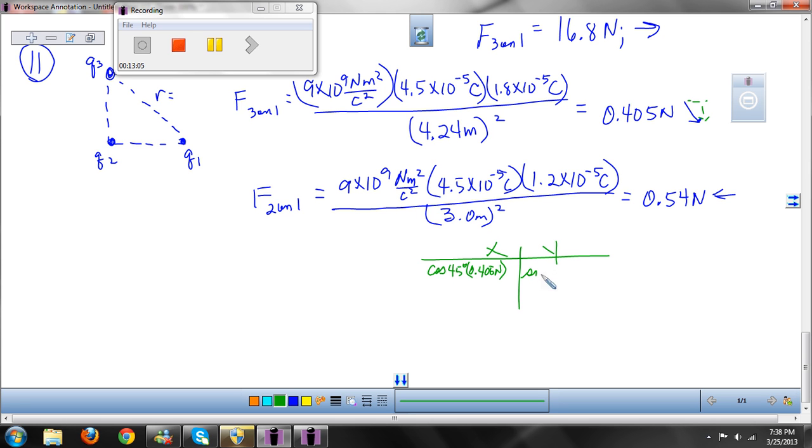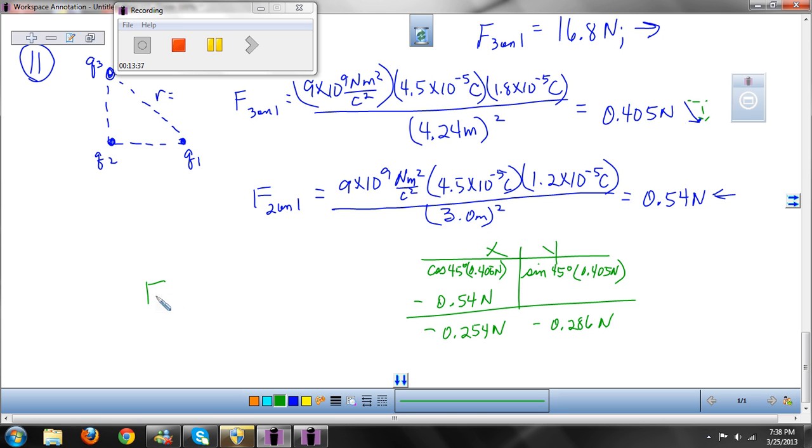And then I said the sine of 45 degrees times 0.405. And then this one was negative x, so I said 0.54, and I made it negative because it was to the left. And when I added my x's and y's up, I got negative 0.254 for the x's and a negative 0.286 newtons for the y's.